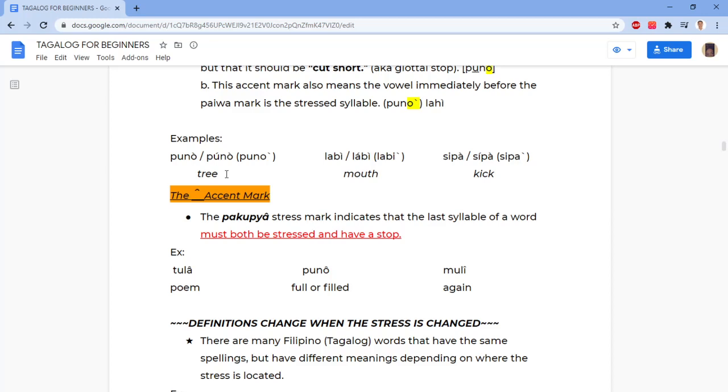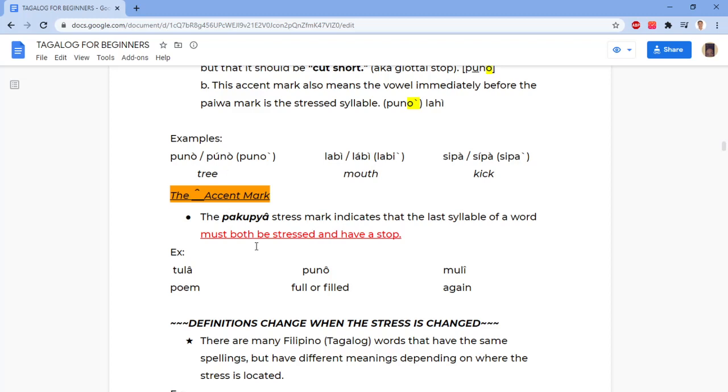You might distinguish that puno means tree.